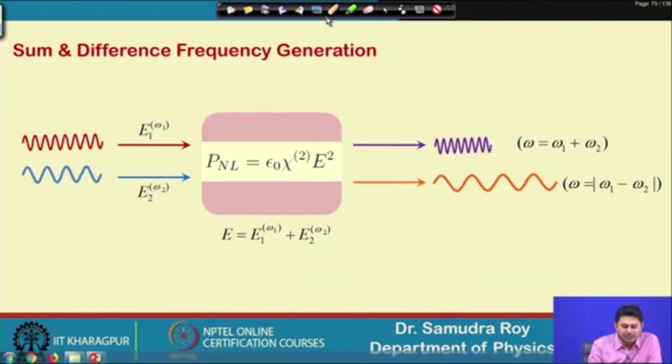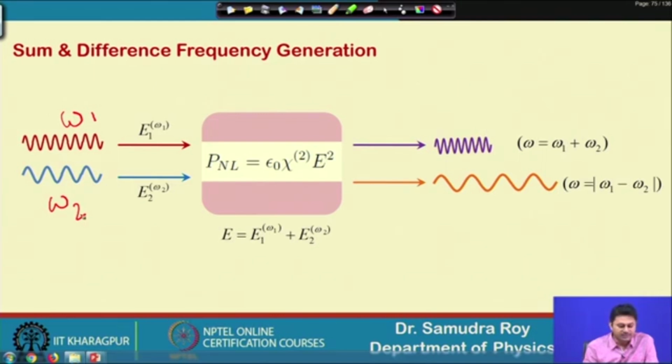Here we have launched the electric field E omega 1. This is a frequency component omega 1, and this is a frequency component omega 2, of two electric fields E 1 and E 2. E 1 has frequency omega 1, and apart from E 1 I am also launching another electric field E 2, which has frequency component omega 2.